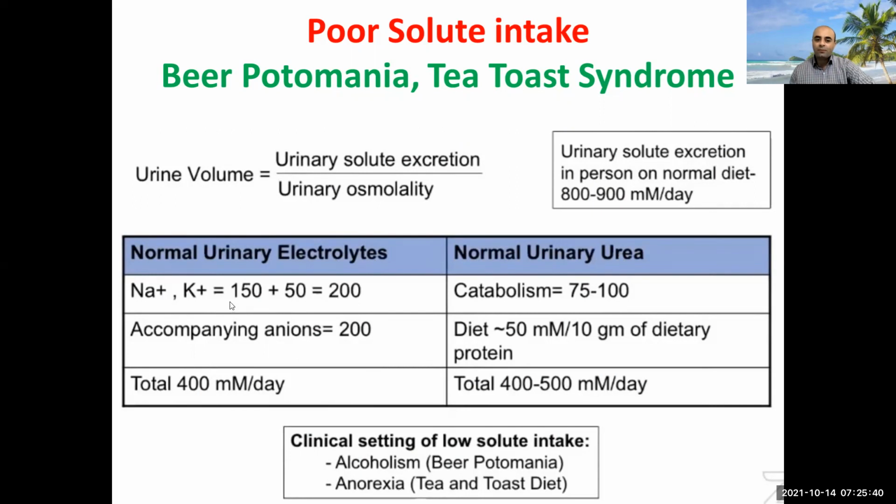We have sodium and potassium. We excrete around 150 plus 50, around 200, with accompanying anions around 200. I think the total here is around 400.